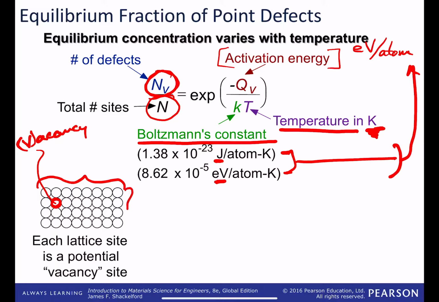And then all of these options here are atom sites, so the total number of atom sites is our denominator. And this is exponential. In other words, written differently, it's e to the power of this parenthetical statement, Q over KT.